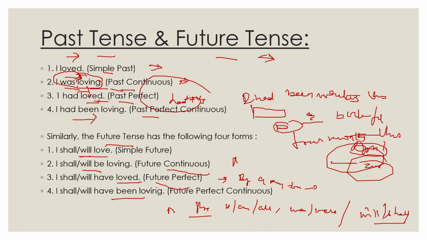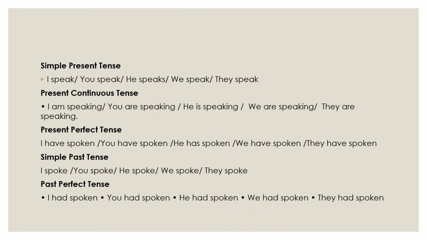So let us move on to the next slide. So simple present tense. Here I have taken examples of simple present tense. You can understand how the pronouns, first person, second person, and the third person, are used with respect to the verb forms in the simple present tense.